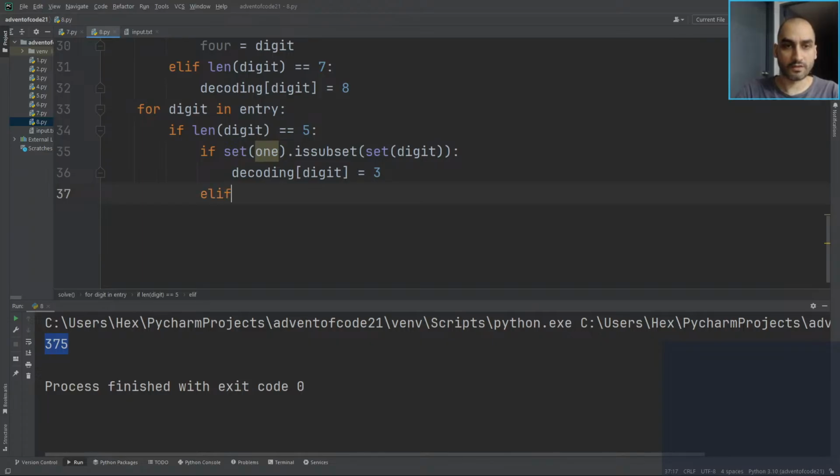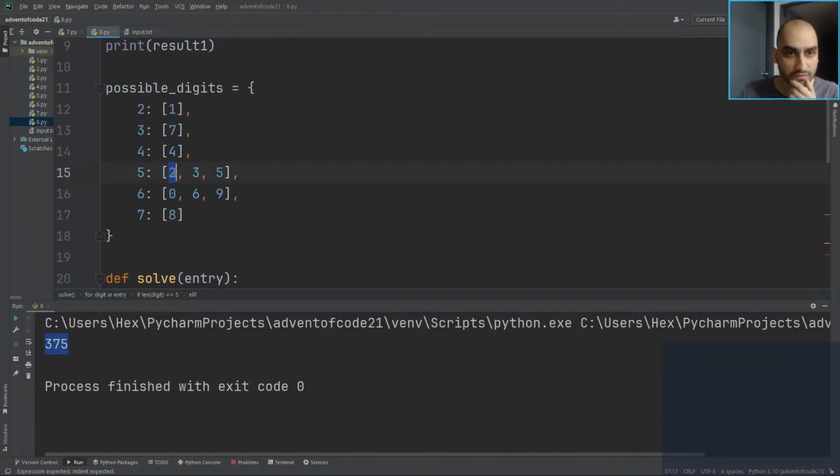Okay, elif, and then how did we distinguish the 2 and the 5? Oh, we used the 9. Well, that means we have to do a third pass. Instead, we could just work it out now by using the 4.